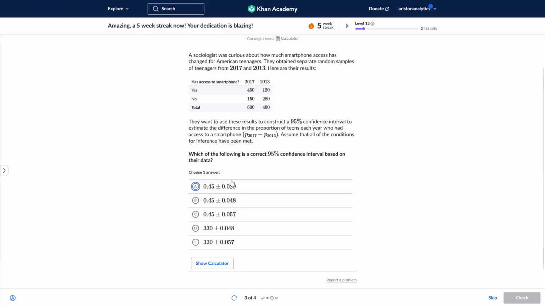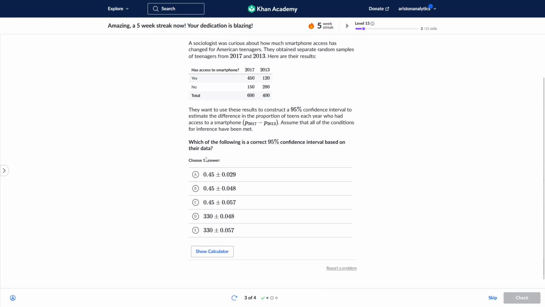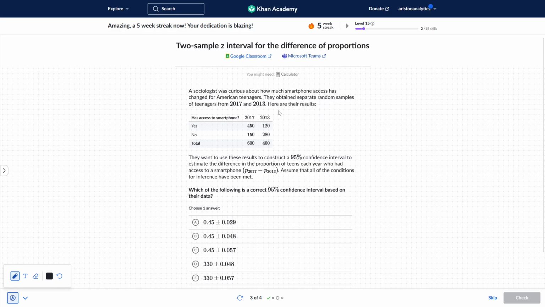Okay, let's do this again. This is following the correct 95% confidence interval based on their data. Okay, we need a z-score. Something like this.